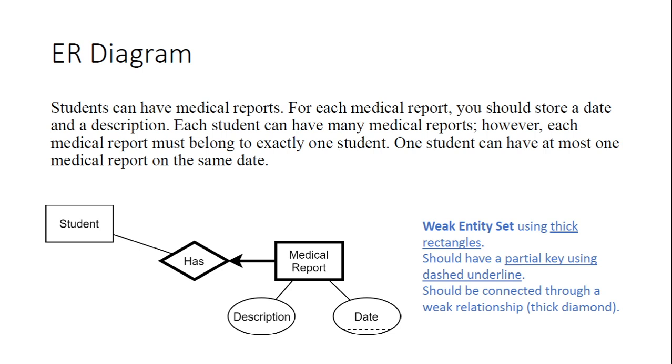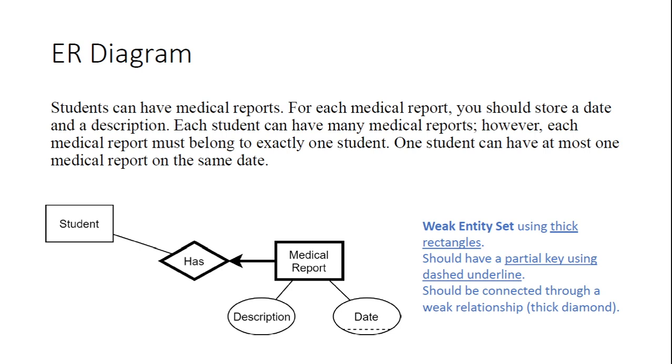So in this case, we need to store medical reports for the students. So we have this entity set medical report. But for a medical report, what we store is the date and a description. A date by itself is not going to uniquely identify a medical report, and the description again does not uniquely identify a medical report.